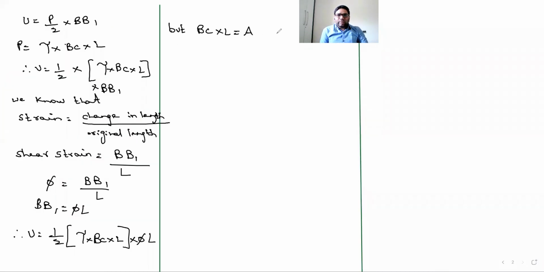And shear strain phi is equal to shear stress by shear modulus. Shear stress by shear modulus.